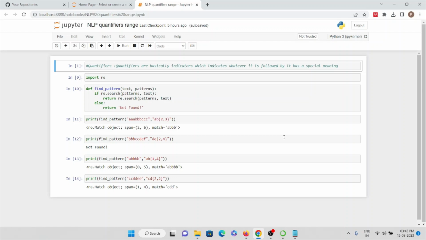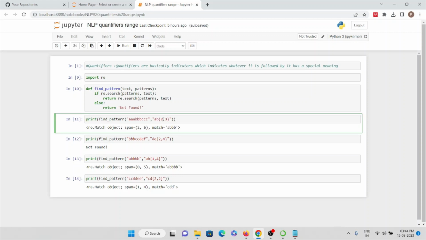Guys, continuing our playlist on NLP Quantifiers. In our previous video we discussed the quantifiers where we have given some range. Like here you can see A followed by B, where B will occur a minimum of 2 times and a maximum of 3 times.